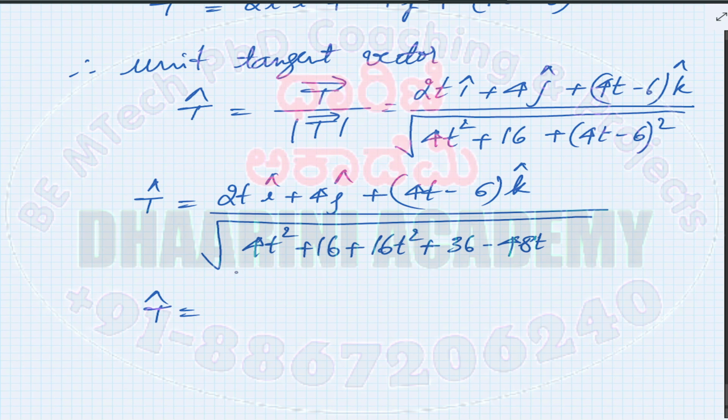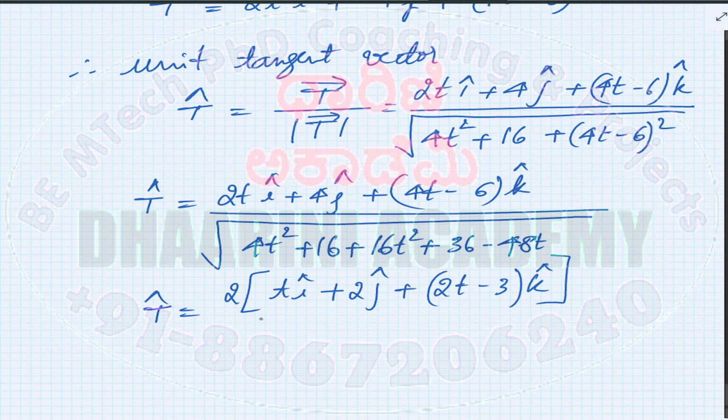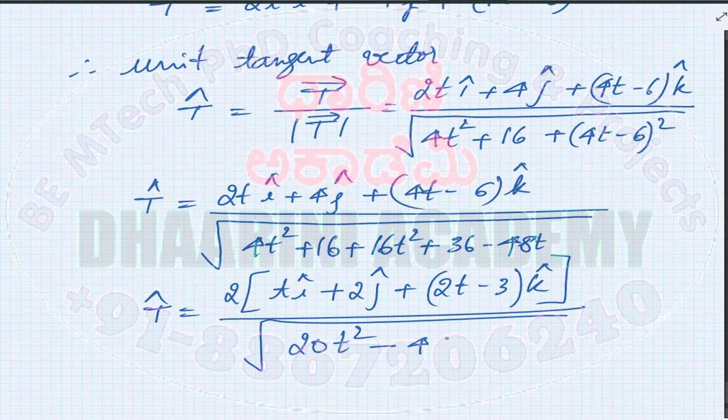Alright, so if I write 2 outside, then this becomes t into I cap plus 2 times j cap plus 2t minus 3 times k cap whole divided by, let's try to write the denominator, 4t square plus 16t square is 20t square. Okay, then I have the term containing t, that is minus 48 into t. Then the constant is 36 plus 16, which is 52.